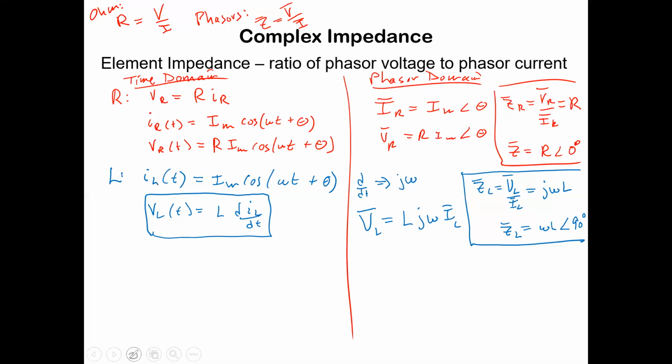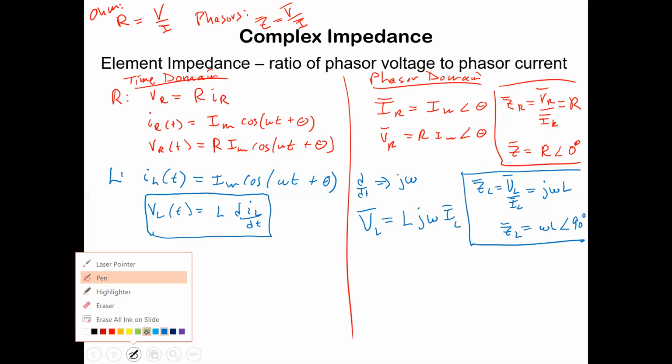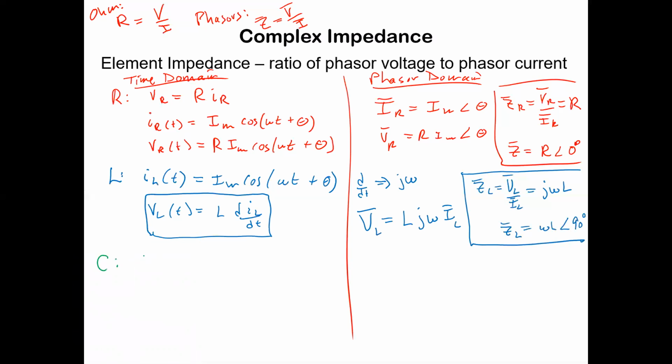And for capacitors, same idea. In this case, IC equals C dVC/dt, and this gives us, in the phasor domain, with the same reasoning, IC is going to equal C times j omega VC, but the impedance is the ratio of voltage to current.